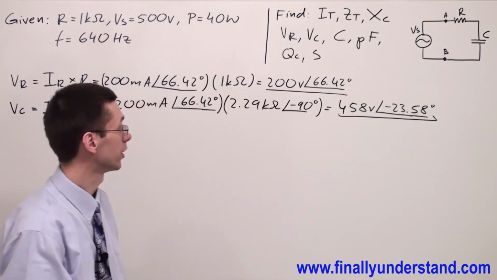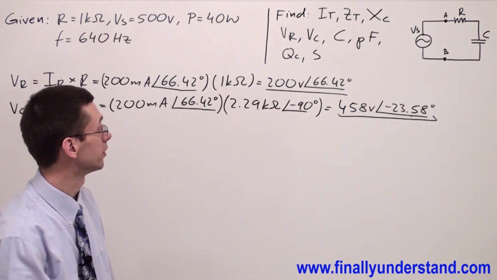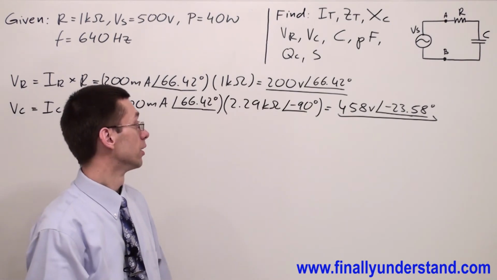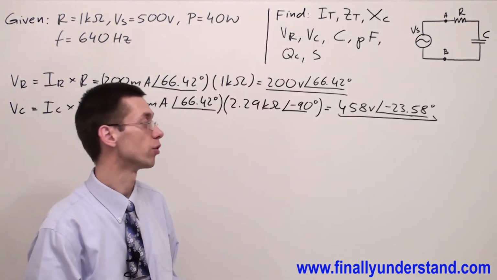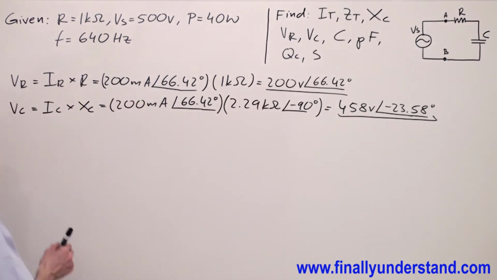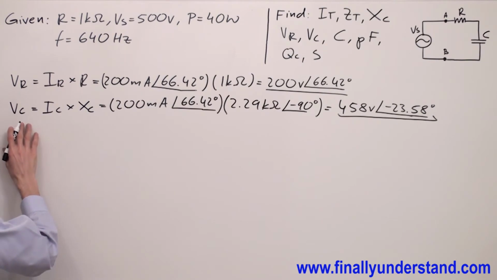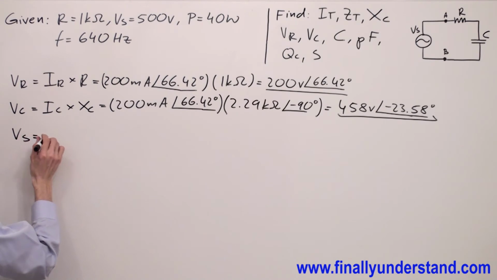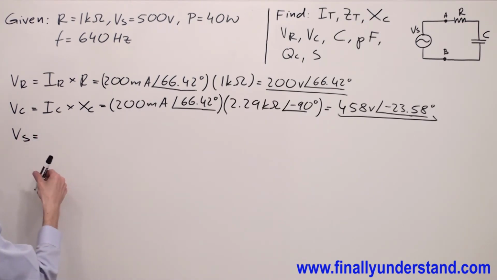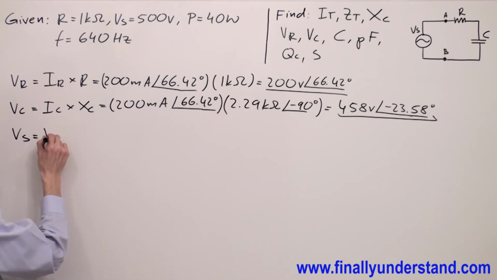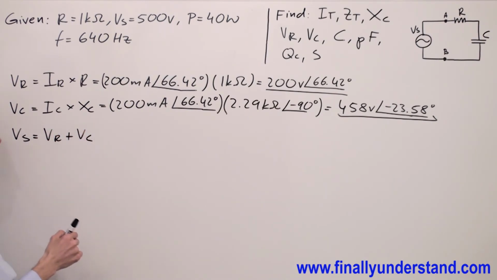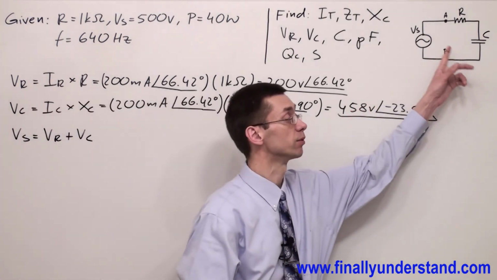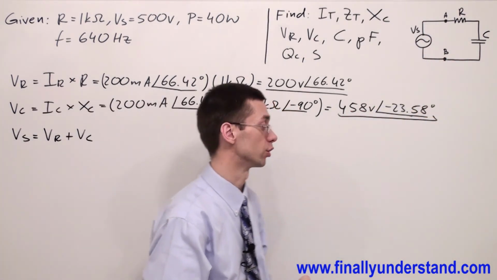And someone is going to say, okay, I can continue and try to find the next thing. It's okay, but it's always good to check if your answers are correct. I always recommend to check if the values which we obtain are correct. So I have VR plus VC. I'm supposed to use KVL because KVL says that the sum of the voltages in a series circuit is equal to the voltage source.